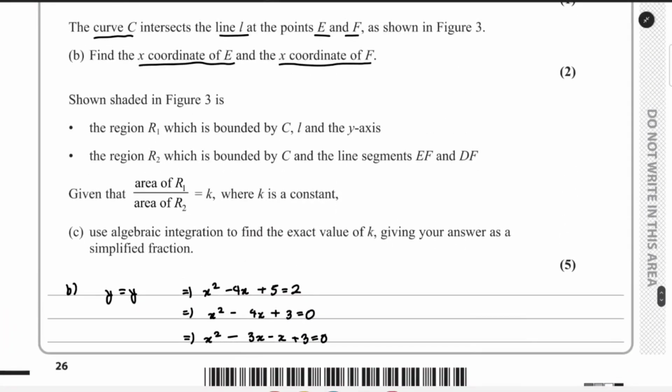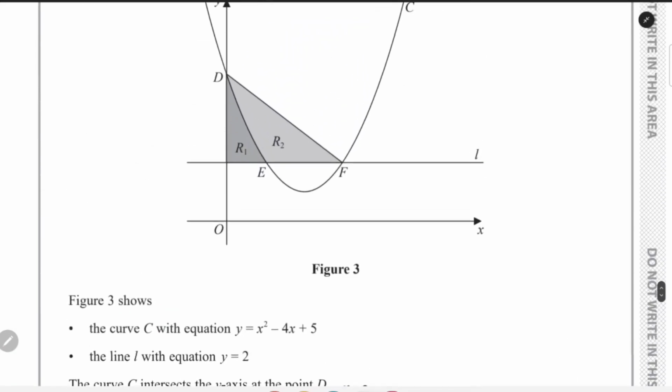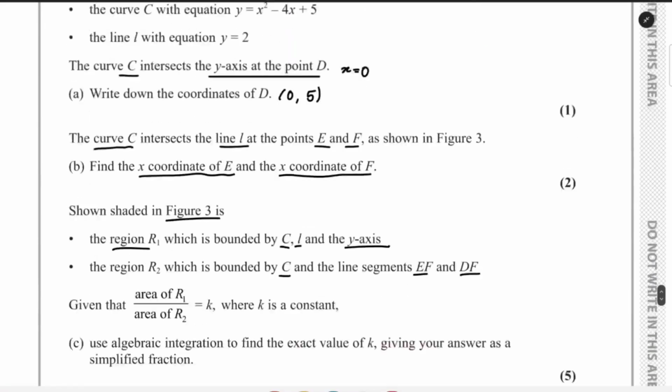Now we are told that in figure 3, the regions R1 and R2 are shown. R1 is bounded by the curve, the line, and the y-axis, and the region R2 is bounded by the curve, EF and DF. So this line and this line, or this section of the curve.